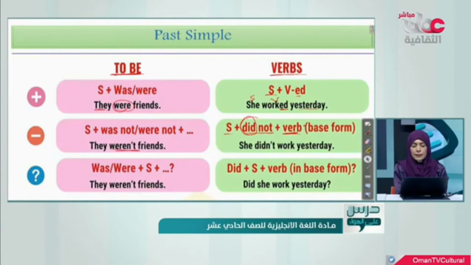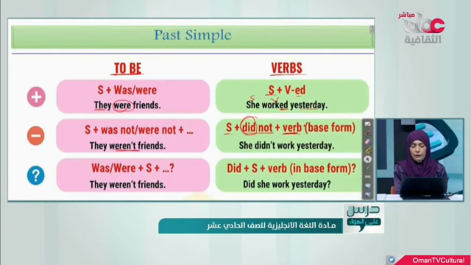Why? Because did here replaces the past form. Did plays the role of the past tense here, so we are not supposed to add ed in the negative form. When I say didn't watch, didn't write, didn't work.